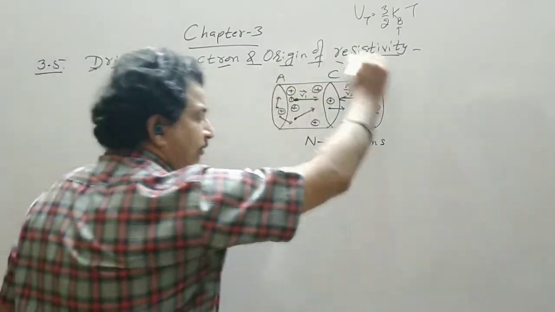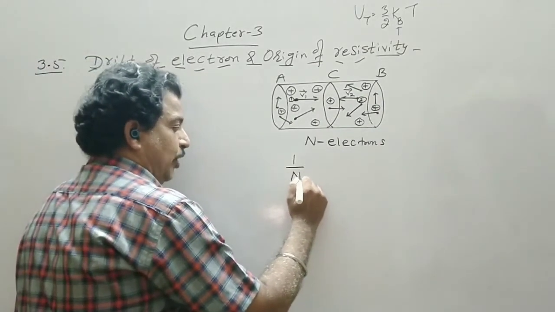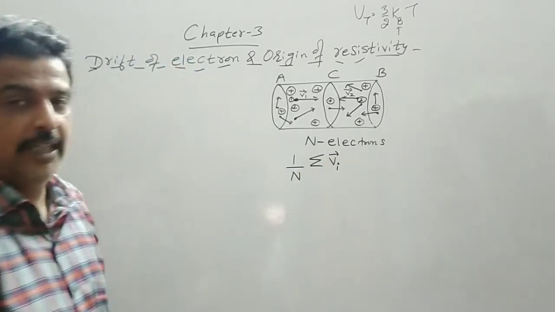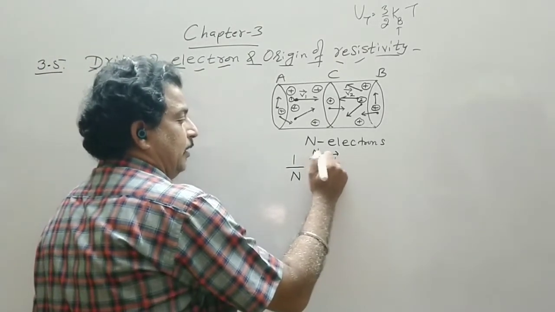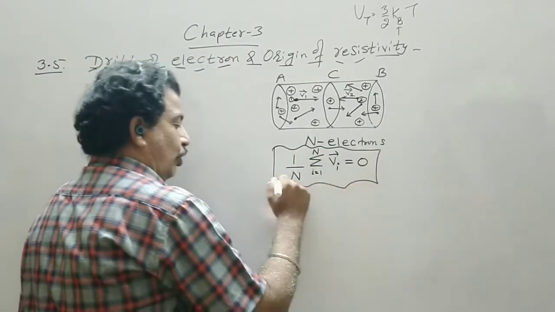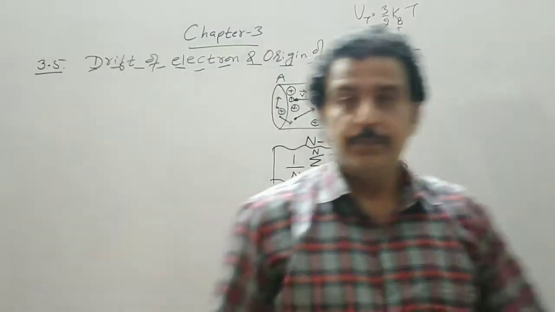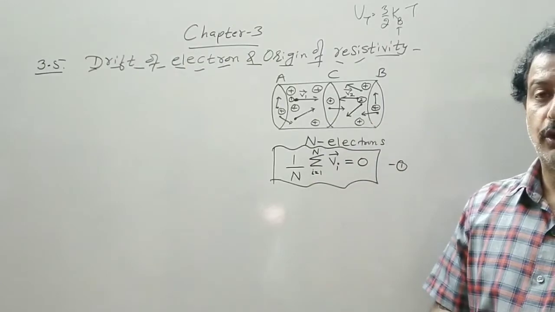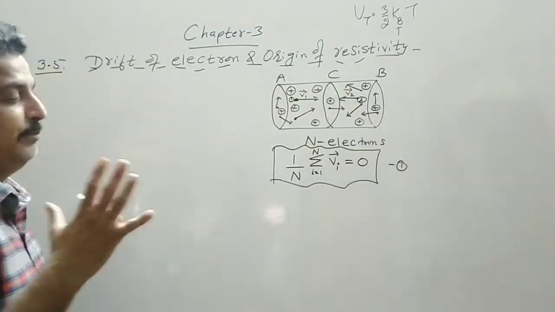So if I take the average velocity of all the electrons, I can write 1 upon N summation of Vi, that is the initial velocity, where i is running from 1 to N. Then this average velocity of all the electrons comes out to be 0. So this is the first situation, when there is no electric field present. You have to remember, an electron after collision will emerge with the same speed.